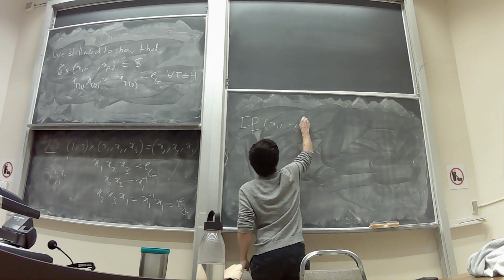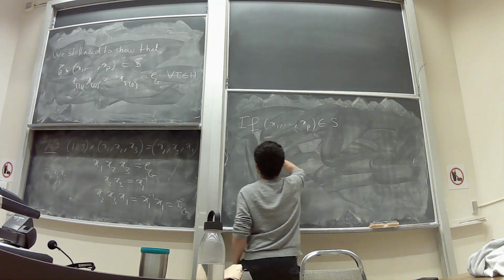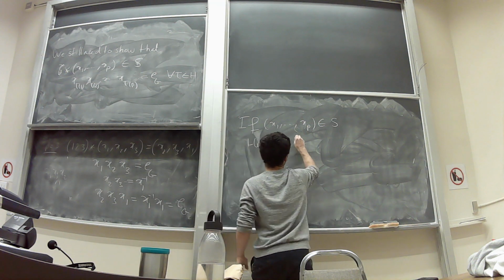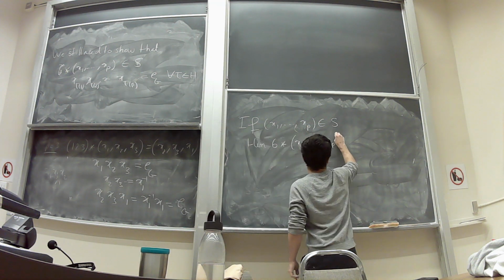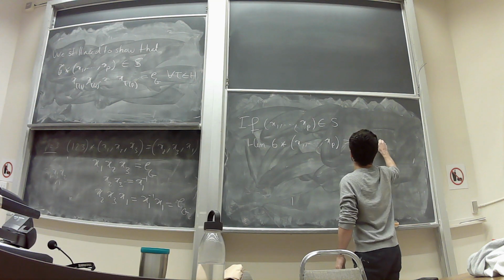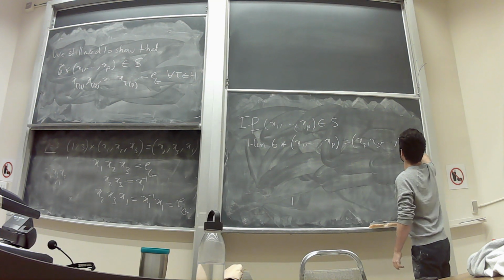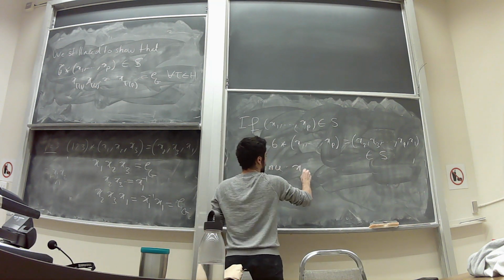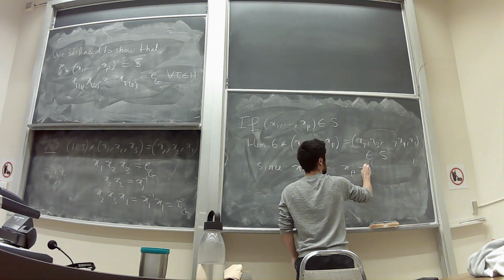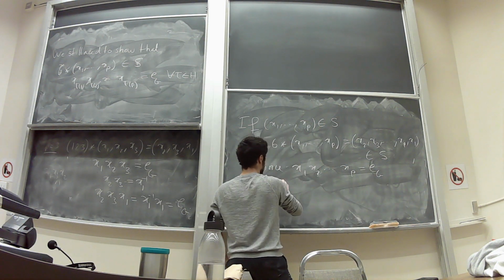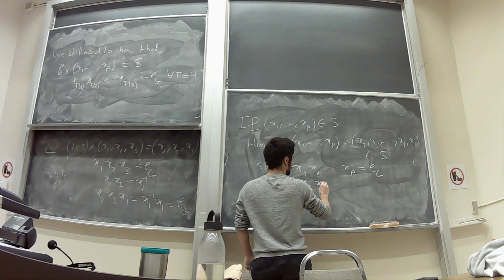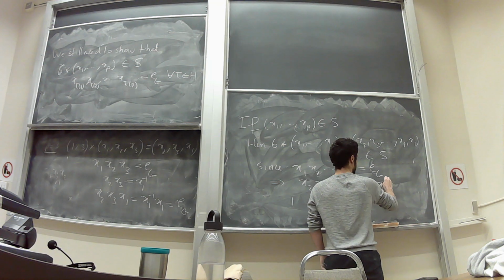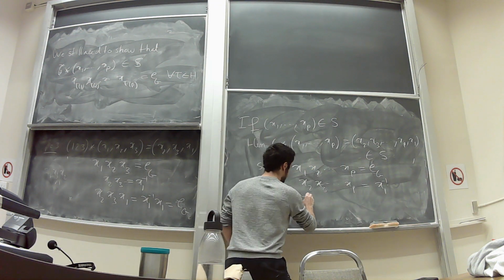If (x1, ..., xp) belongs to S, then sigma, the cycle (1, 2, 3, ..., p), star (x1, ..., xp), which is equal to (x2, x3, ..., xp, x1), belongs to S, since x1, x2 up to xp equal to the identity implies that x2, x3 up to xp is equal to x1 inverse, and then you multiply by x1 on the right.